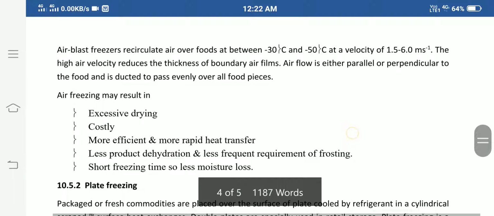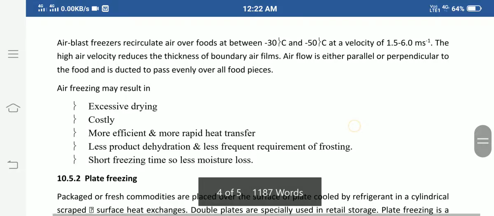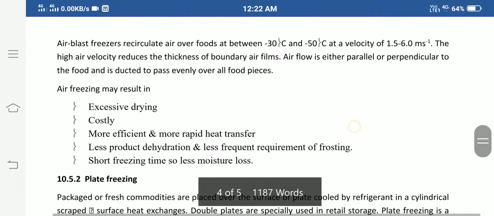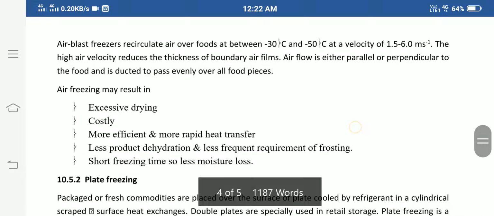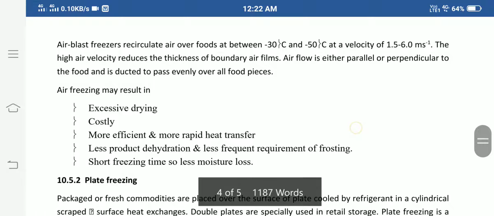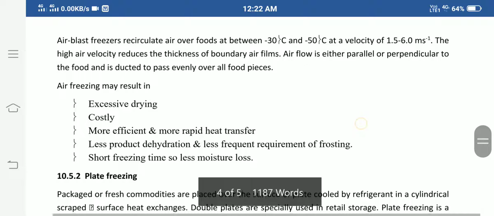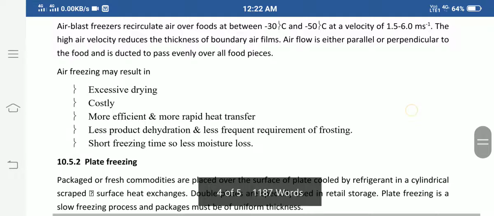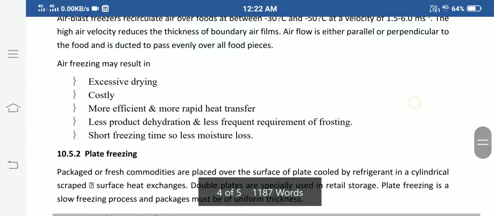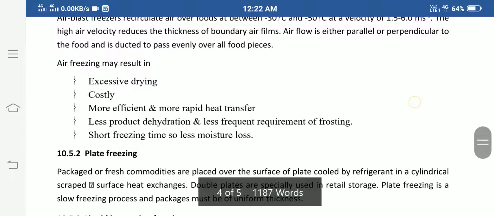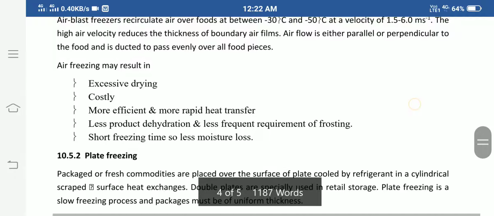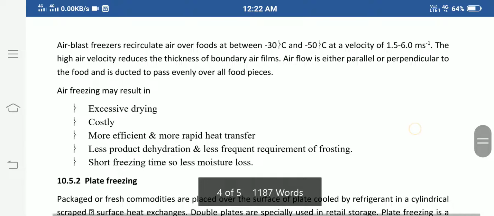Air blast freezers recirculate air over foods at between -30 and -50 degrees centigrade at a velocity of 1.5 to 6 meters per second. The high air velocity reduces the thickness of boundary air films. Airflow is either parallel or perpendicular to the food and is ducted to pass evenly over all pieces.